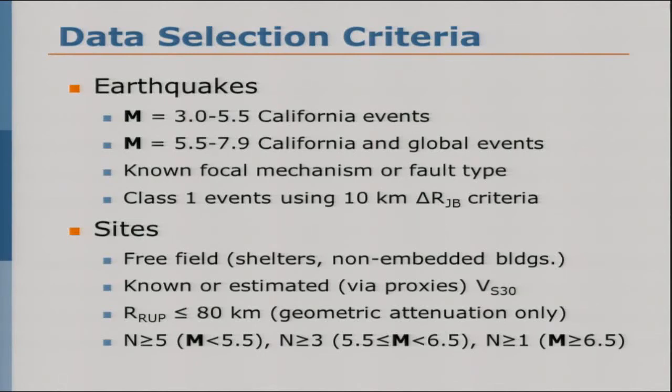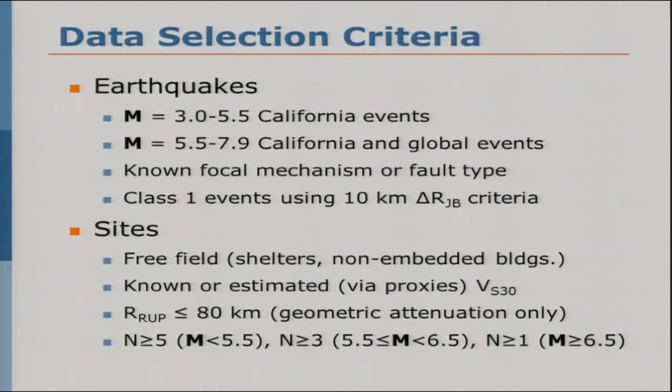There's no systematic difference in attenuation at that point. So this is a nice observation, that I think geometric attenuation is pretty much constant around the world. And so this makes it a lot cleaner. We can do an analysis that's not regionally dependent to begin with, and then add regionally dependent anelastic attenuation terms.